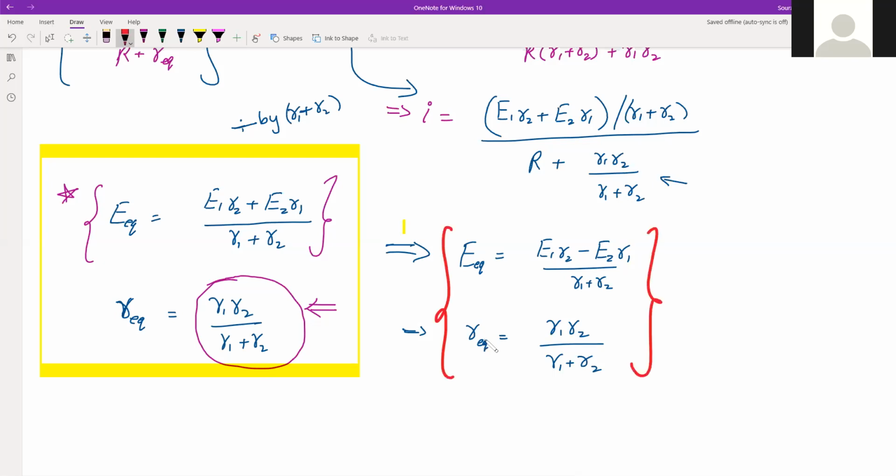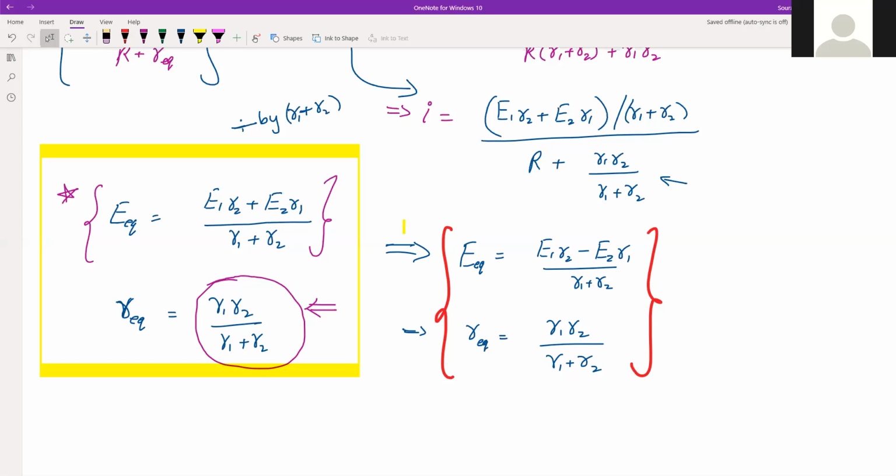So this is the equivalent EMF and equivalent internal resistance of cells when cells are combined in series and parallel. In series also they can be in reverse polarity and same polarity, or in parallel as well. We have seen two configurations, one with the same polarity and one with the other polarity. Now there can be mixed grouping of these cells.